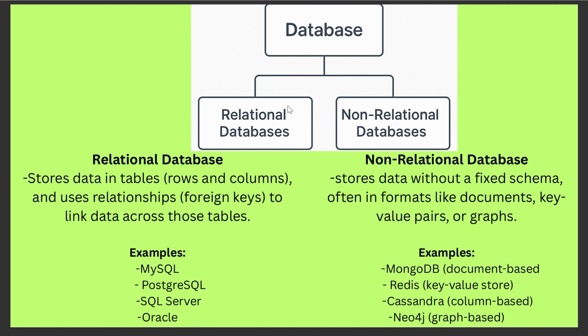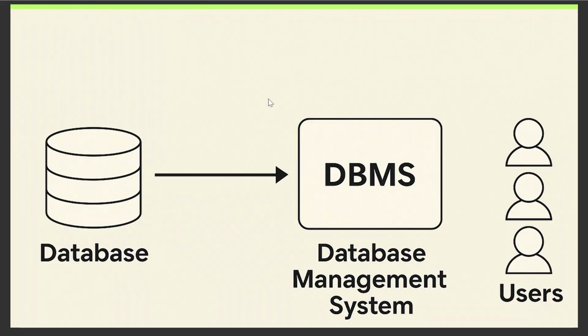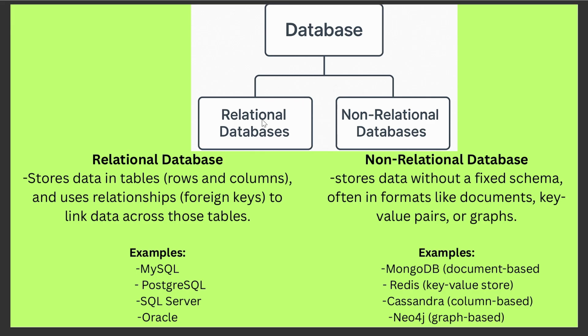Databases are categorized into two categories: relational databases and non-relational databases. A relational database stores data in the form of tables, which means they contain rows and columns. It uses relationships to link the data across the tables.